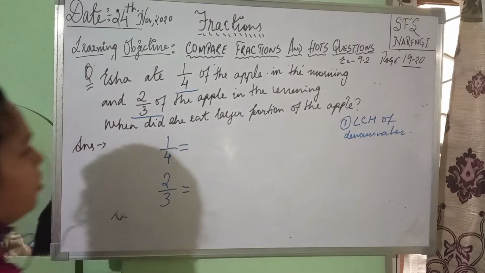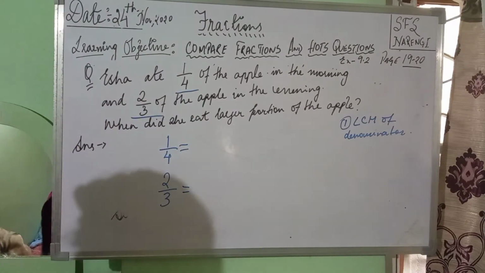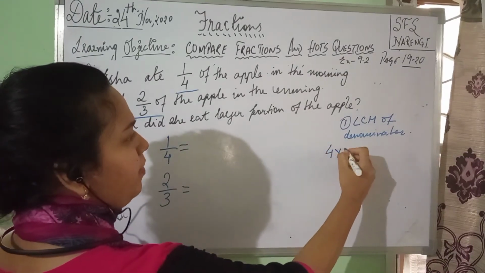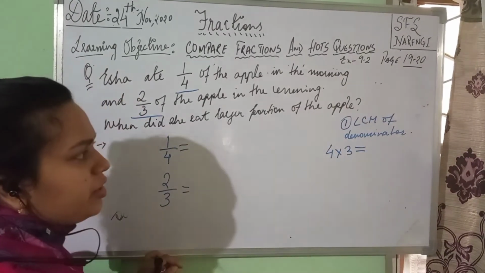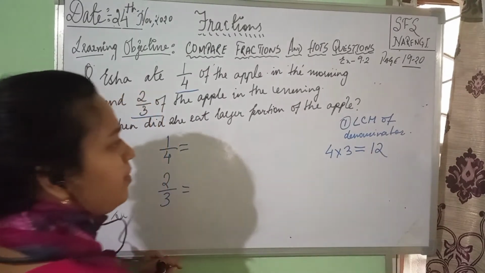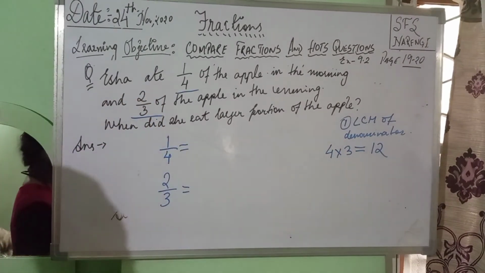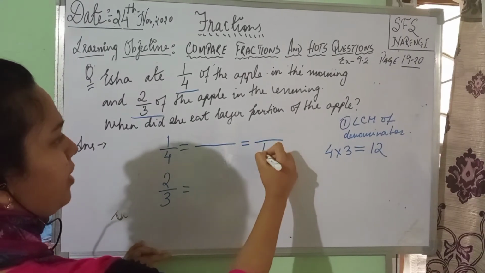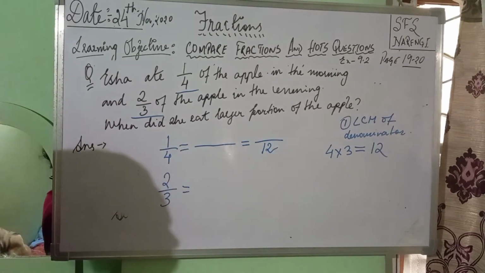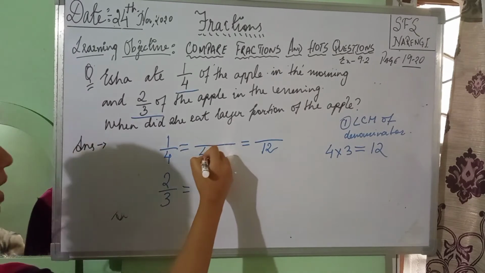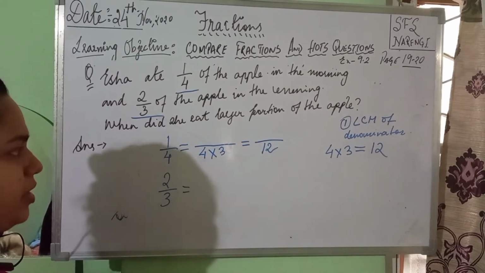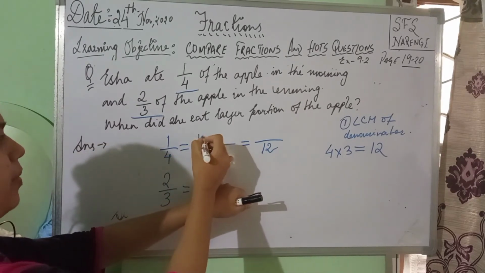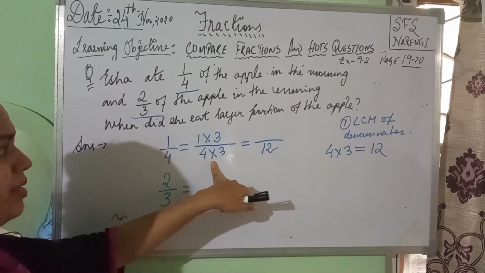The first thing that we have to do is take the LCM of the denominators. Now 4 and 3, the LCM of 4 and 3 is 12 because they can be easily multiplied together to find the LCM. So I have to write 1/4 in such a way that the denominator is 12. If I multiply 4 by 3, it is 12. Since I am multiplying the denominator by 3, I will also multiply the numerator by 3.